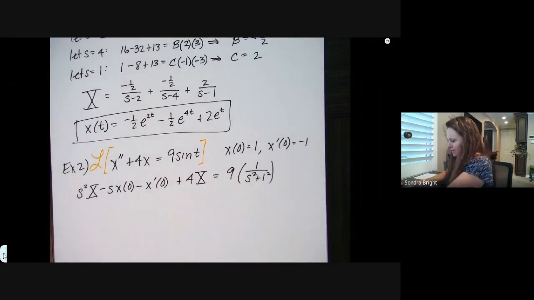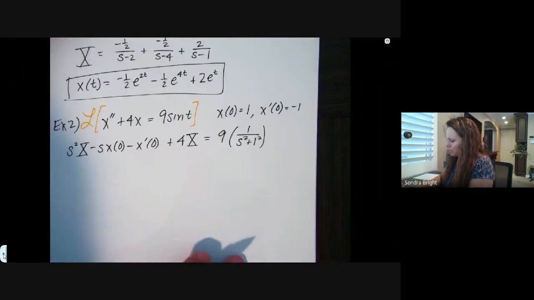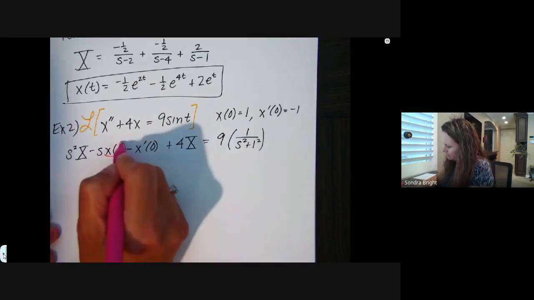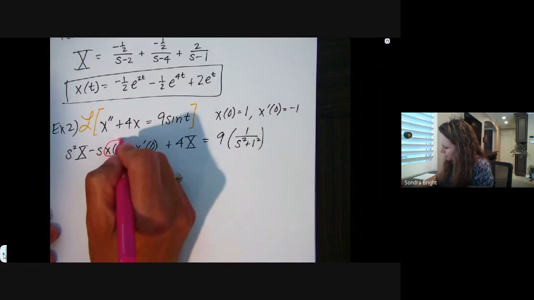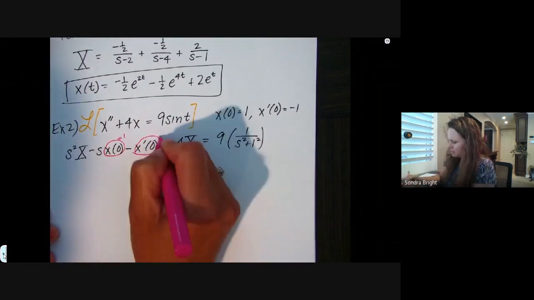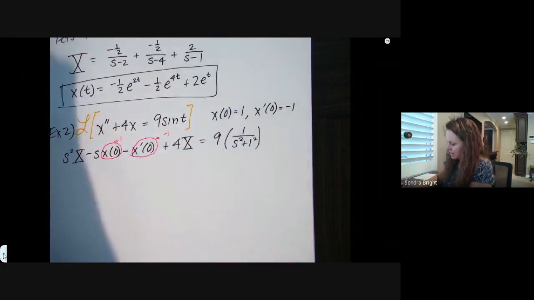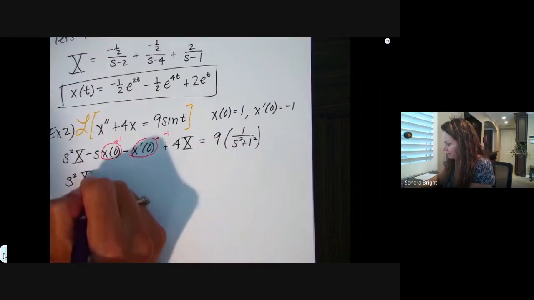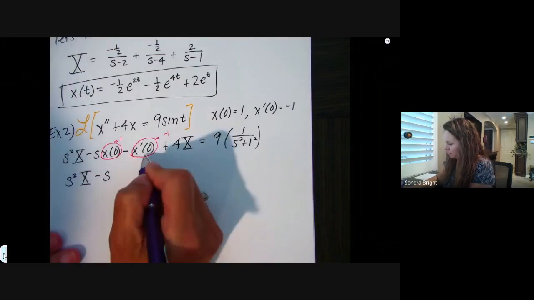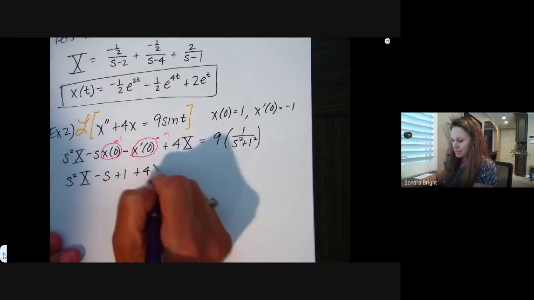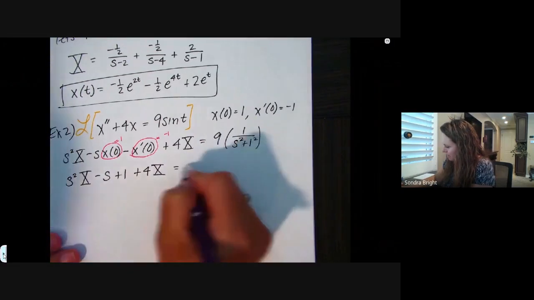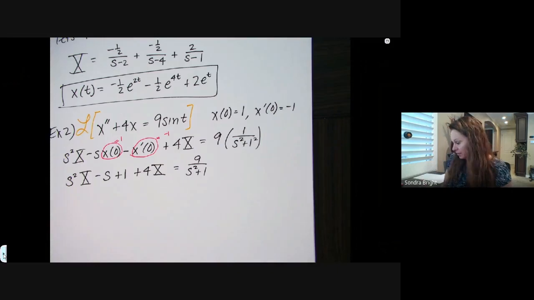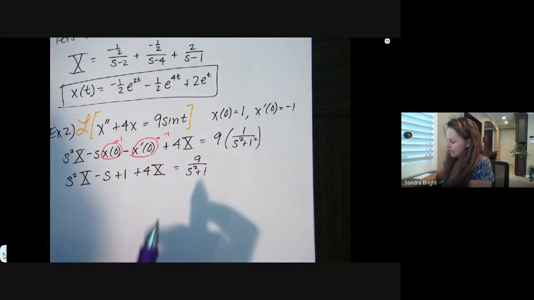Yeah? Okay. Now, what we know is, I know x of 0 is 1, and I know x prime of 0 is negative 1. So now this becomes s squared times capital X minus s plus 1 plus 4 times capital X is equal to 9 over s squared plus 1. Okay, your goal is to solve for capital X. So I'm going to add the s over here.